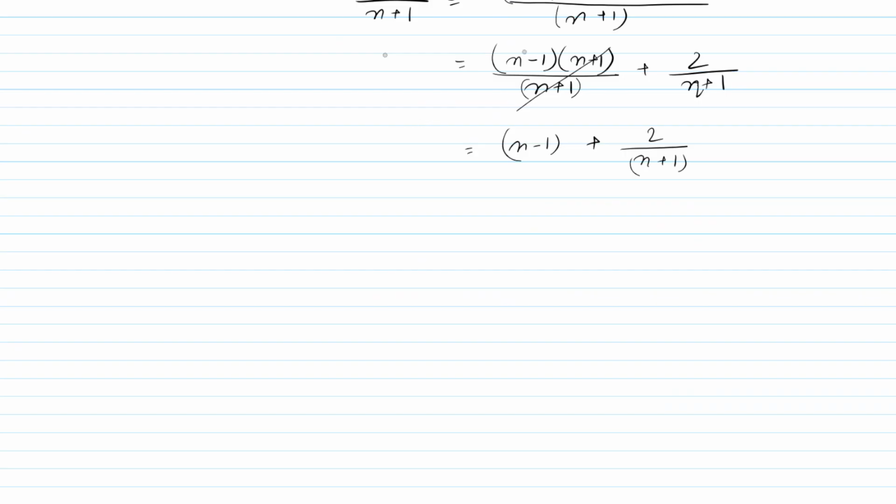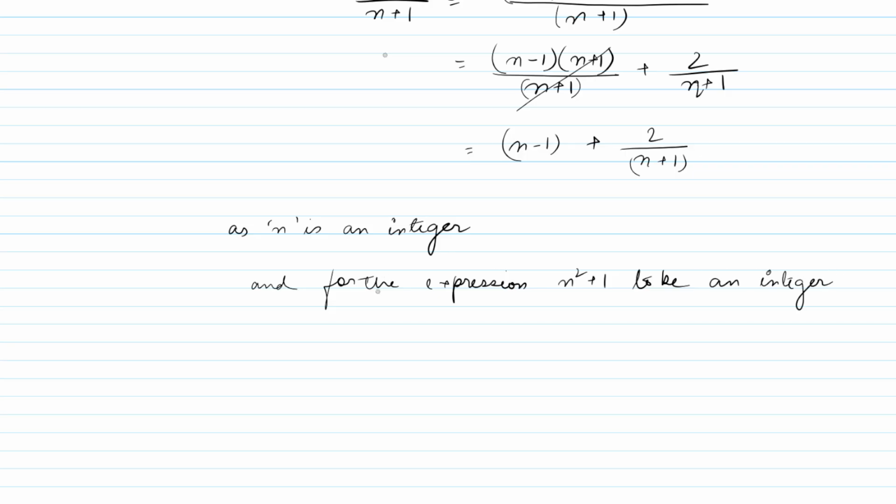As n is an integer, and for the expression n squared plus 1 divided by n plus 1 to be an integer, the right hand side, that is n minus 1 plus 2 by n plus 1, must be an integer.